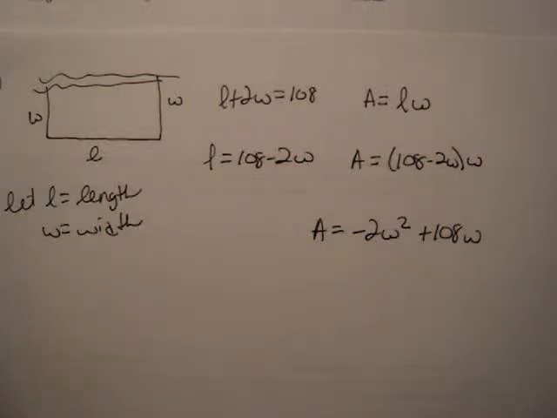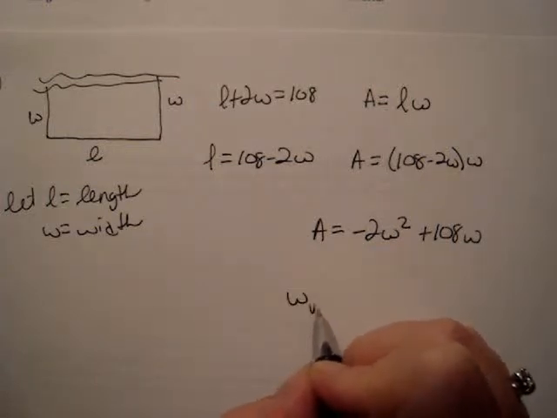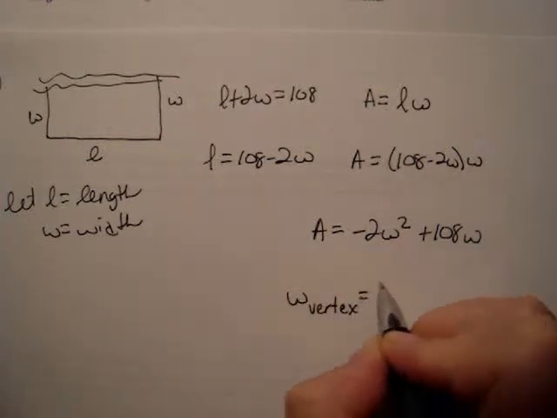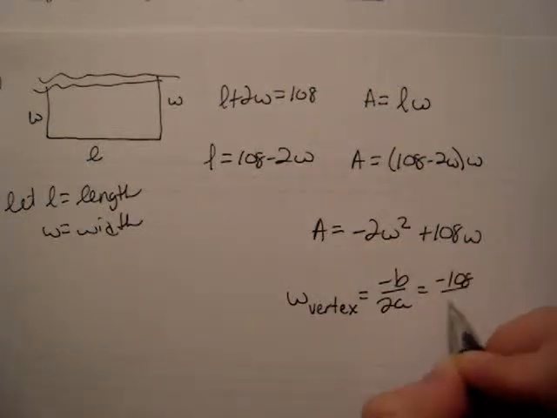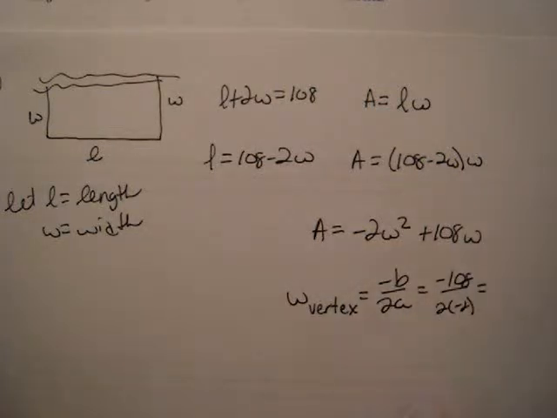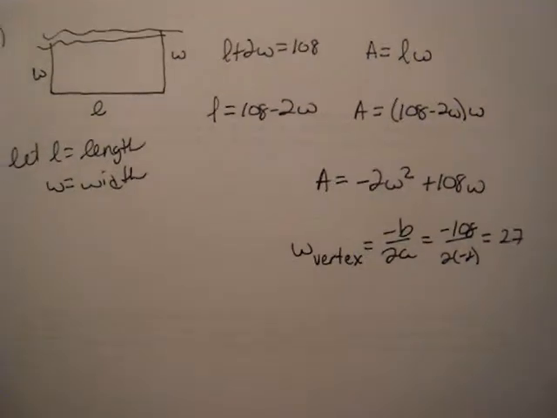And now remember, I want to maximize the area, so the maximum will occur at the vertex. So the W value at the vertex will be negative B over 2A, which would be negative 108 over 2 times negative 2, which is, wait, don't tell me, 108 divided by 4 is 27. Okay?